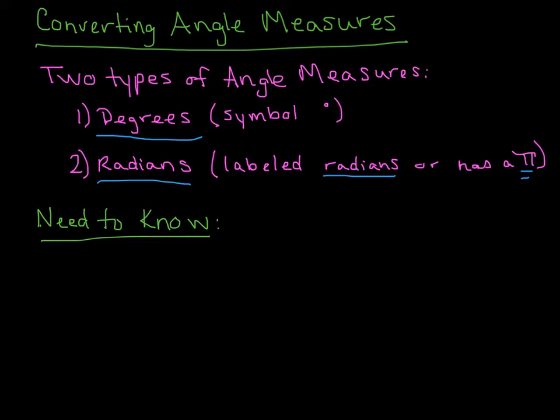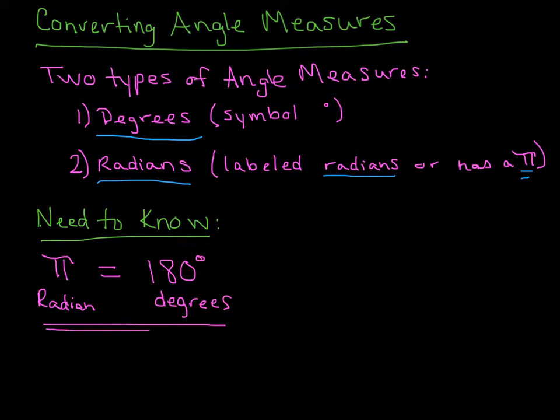Something that you need to know is that pi, a radian measure, is equal to 180 degrees, a degree measure. This is important to know.